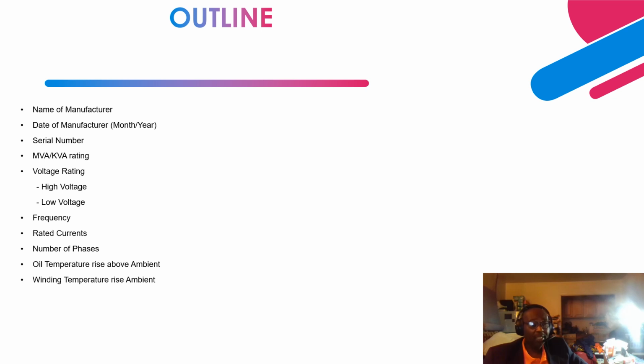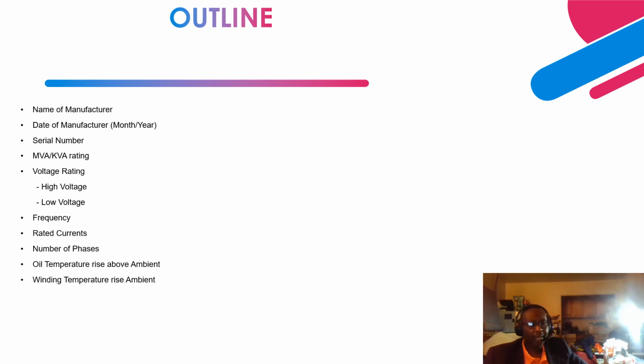The first one is the name of the manufacturer. A typical manufacturer is ABB, Hitachi, General Electric, Siemens, just to mention a few. These are the major transformer manufacturers that are out there. Another manufacturer is Virginia Transformers and Georgia Transformers as well.